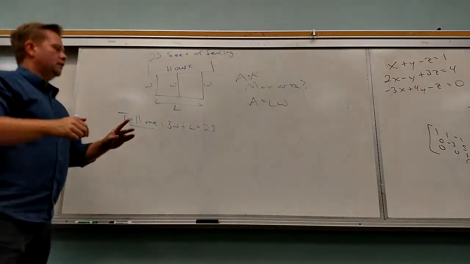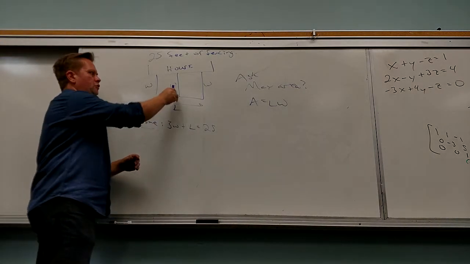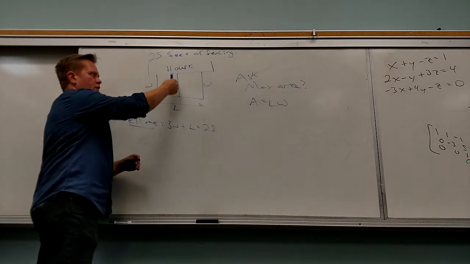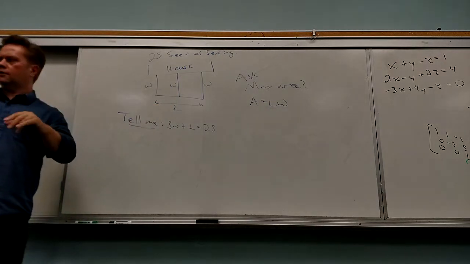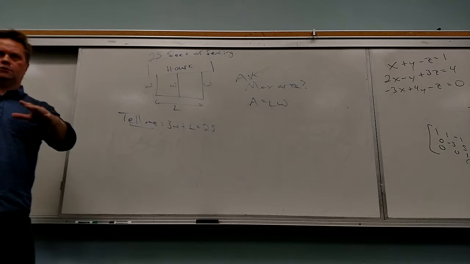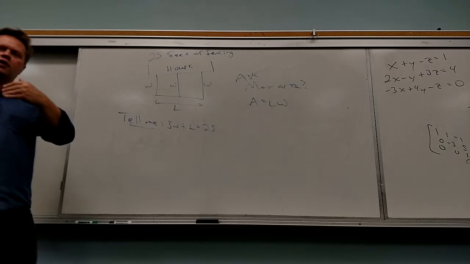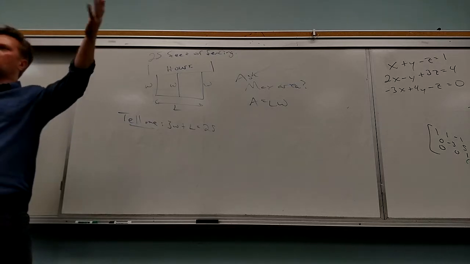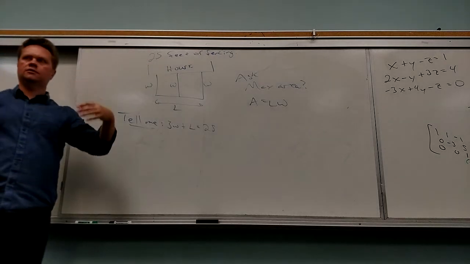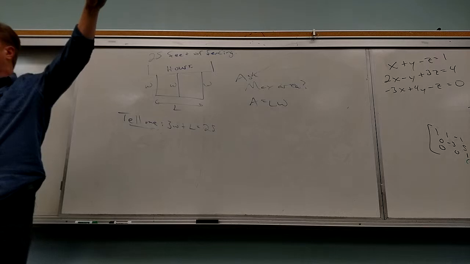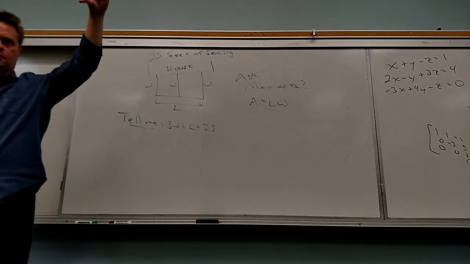Do you guys realize that I am losing a little bit of area because of this fence here? But don't worry about that. We're in an idealistic situation at this level, right? The further you get in math, one thing that happens is you start bringing in more variables. You start worrying about more things. If I drop something from the top of a building, we had a problem in the book about that.